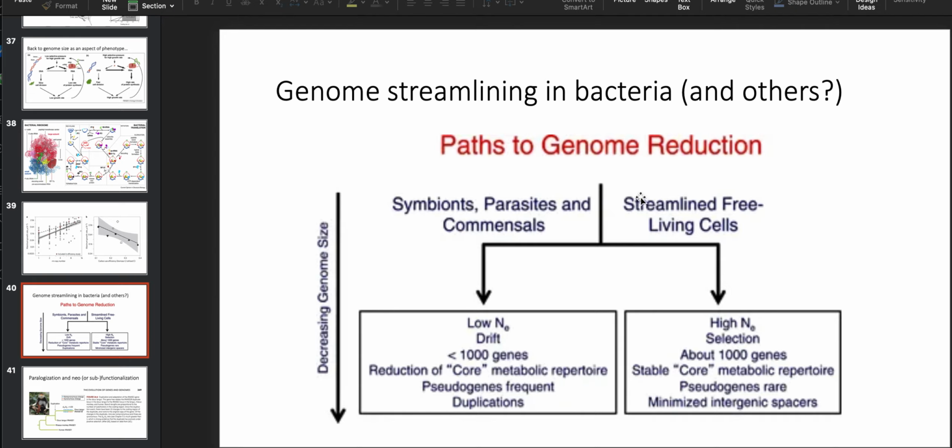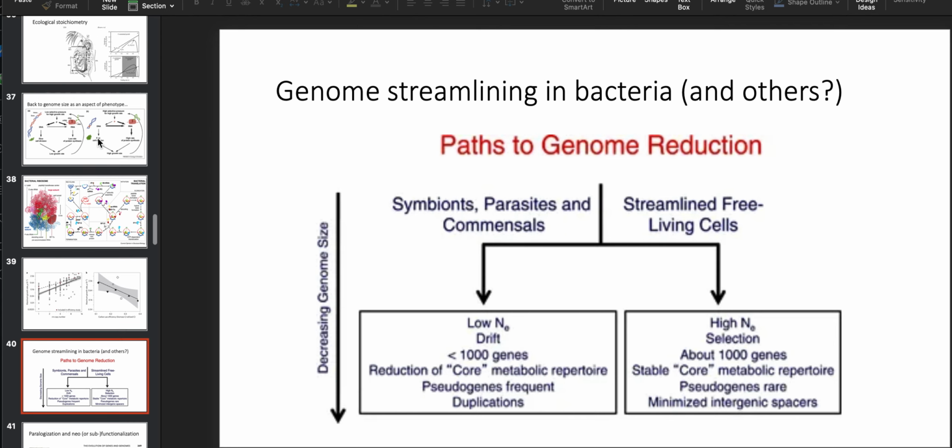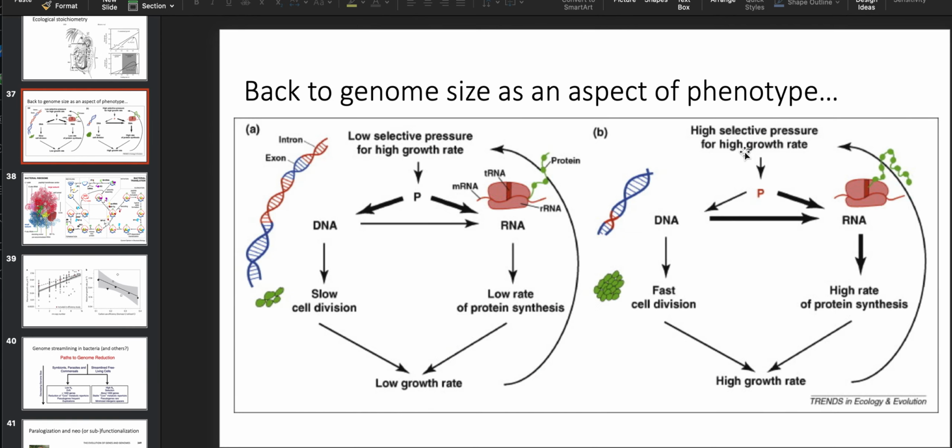And then there's also, in certain situations, free living cells that can have selection for genome streamlining if there's a lot of selection, like we talked about before, for high growth rate in the absence of high phosphorus.